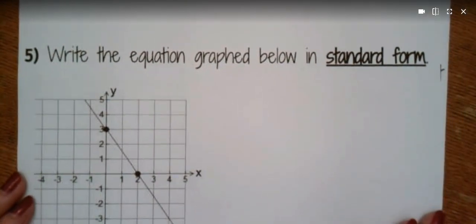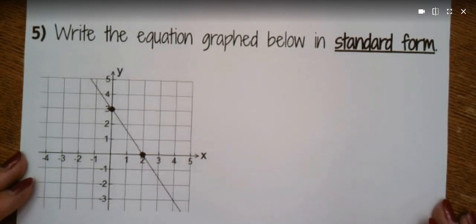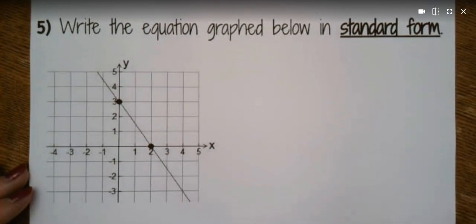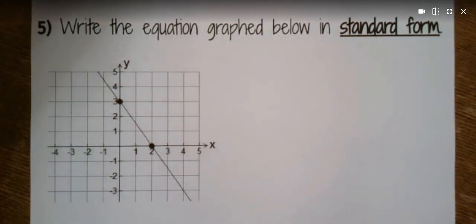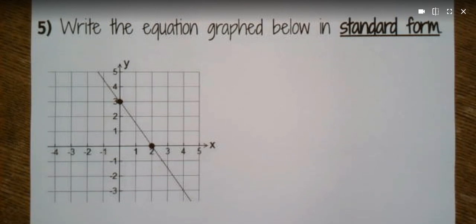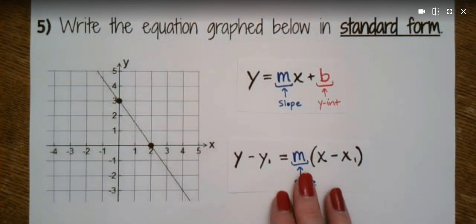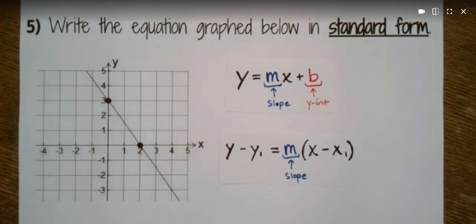Okay, so here we are given a graph of a linear equation, and we're asked to write the equation in standard form. Like you saw before, the only way to get the equation into standard form is to start with a different form first. So we've got these 2 forms of a linear equation we're going to have to first get this into, and then we convert it to standard.